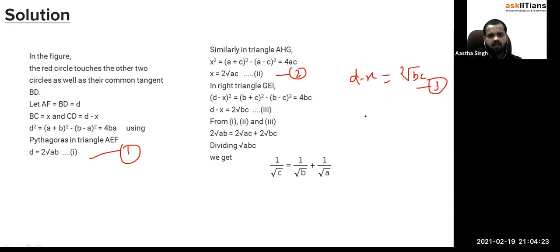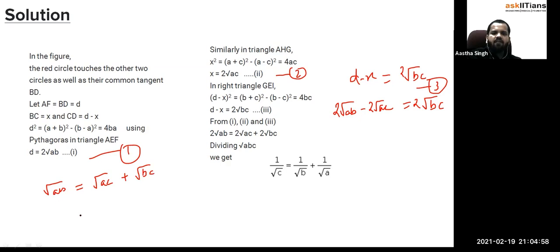So first, second, and third we have already got, right? But what is D from your first condition? D is your 2 under root of AB. What is X? X is basically 2 under root of AC, which is equal to 2 under root of BC. So the 2s from both sides will cancel out, and you will get under root of AB is equal to under root of AC plus under root of BC.